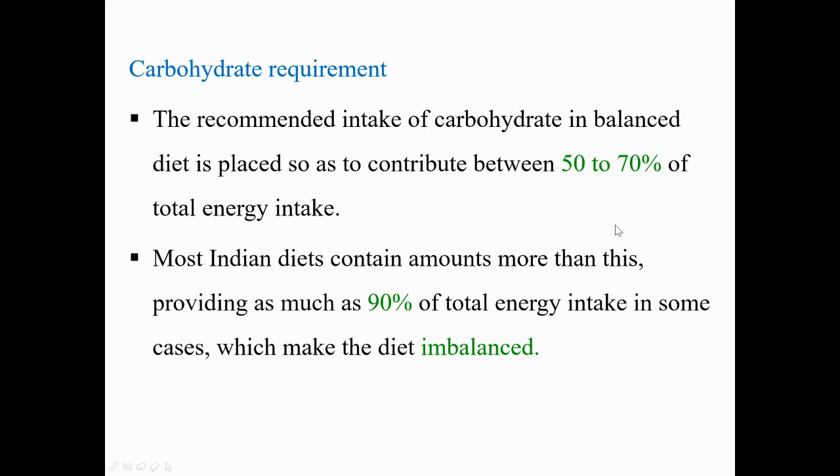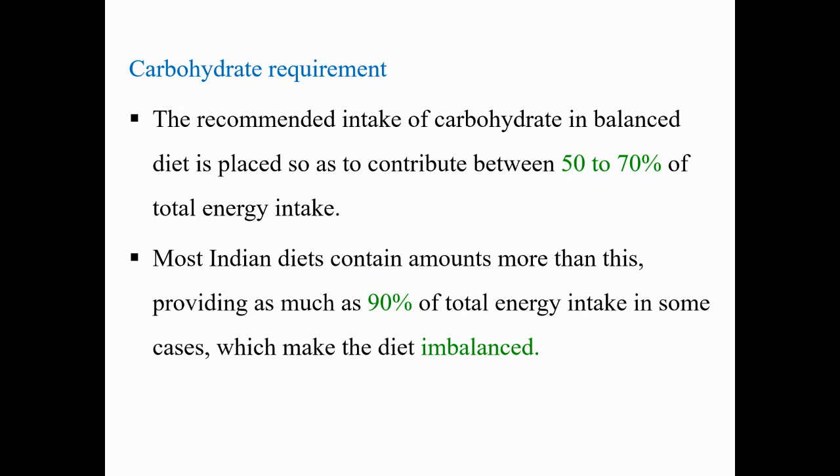Most Indian diets contain amounts of carbohydrate more than 50 to 70 percent. So what happens? Due to that, in some cases up to 90 percent of total energy intake is imbalanced. That's why we have to look into the balanced diet.